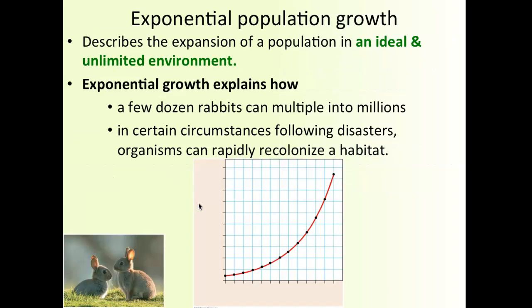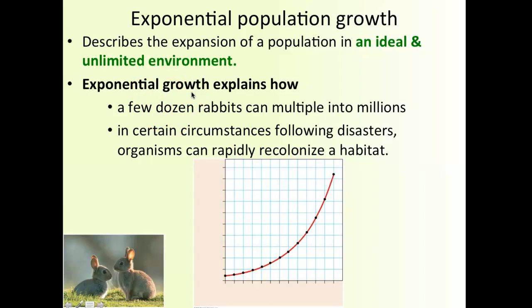So you can look at the survivorship curves, and now we're into population growth. So you can graph the different kinds of growth that populations have by just their sheer numbers over time. And this one curve you're looking at here, this rapidly increasing curve, this is called an exponential curve.